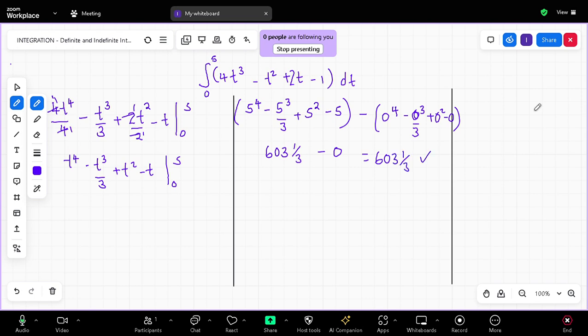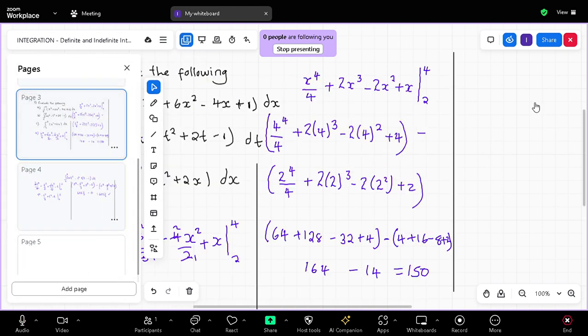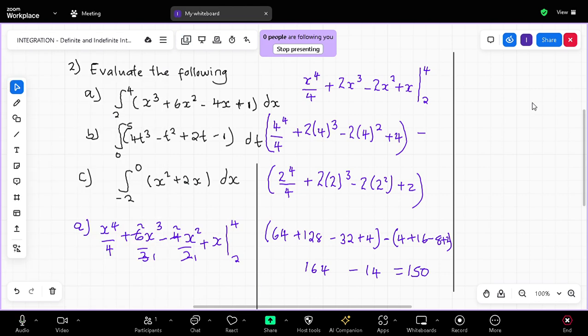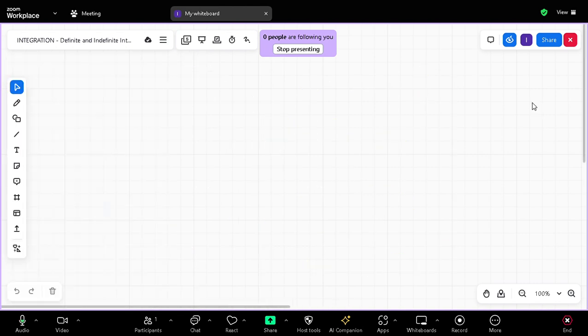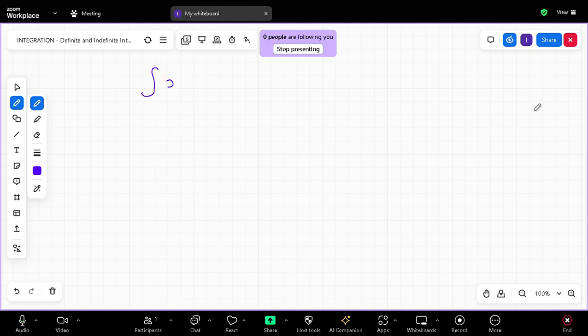So this is the definite integral. Then the last part of the question, you need to integrate x squared plus 2x from negative 2 to 0. So we got the integral of x squared plus 2x with respect to x from negative 2 up to 0.